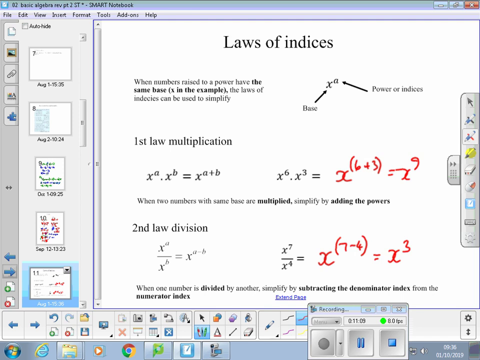Yeah, we subtract the index. It's important to get these two numbers the right way round. We must subtract the index of the denominator from the index of the numerator and not the other way round.